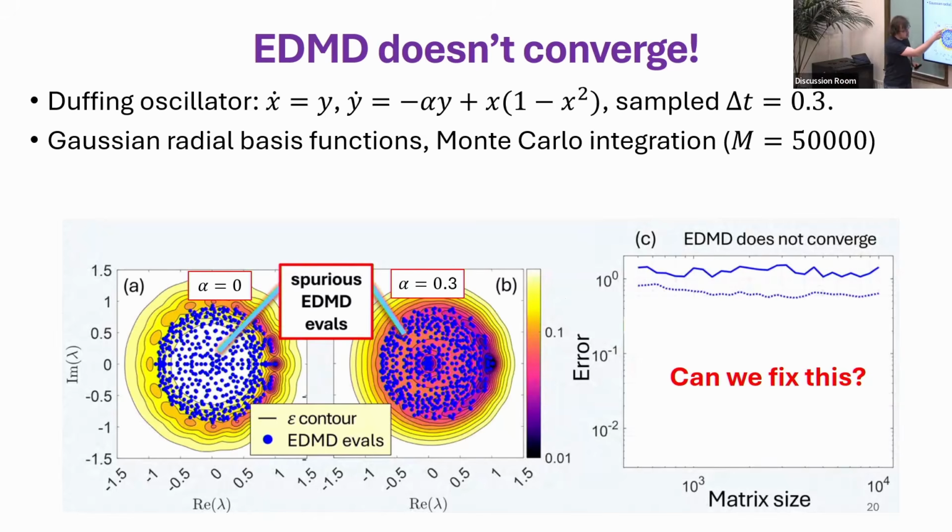These eigenvalues aren't incorrect. Now, if I switch on alpha, I have a bit of dissipation. I'm not entirely sure what the spectrum should be in this case, probably the whole disk, but you still get spurious stuff. Looking at these contours, you can see that these don't have small epsilon.